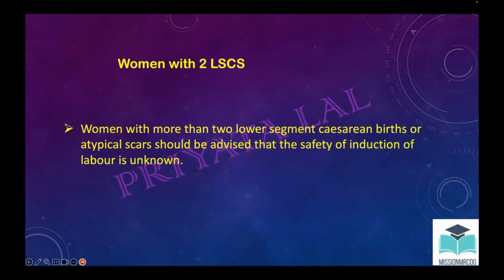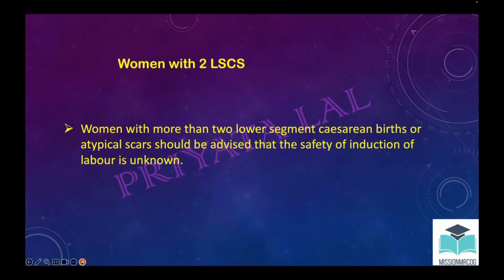Now if the patient comes with two previous cesareans, or any other atypical scars, then the safety of induction of labor is unknown. In that situation you have to say that safety data or evidence is not there for induction of labor.